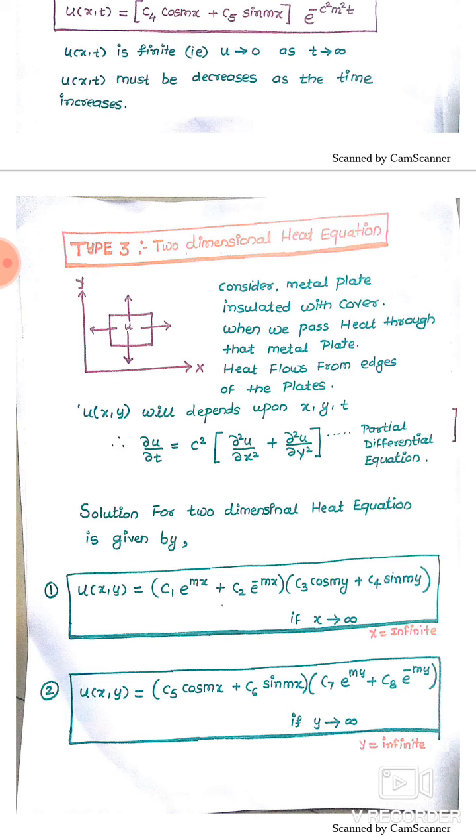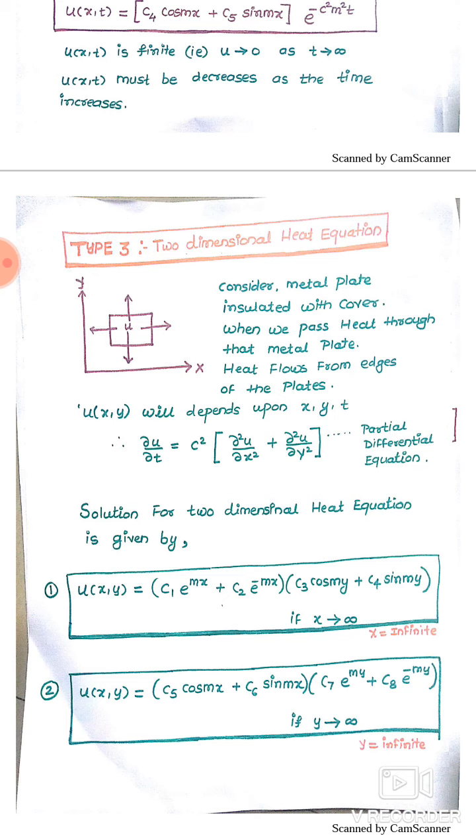This is the solution when x tends to infinity, that means your metal plate is infinite in length in the x direction. The second general solution is u(x,y) = (c5 cos mx + c6 sin mx)(c7 e^(my) + c8 e^(−my)).